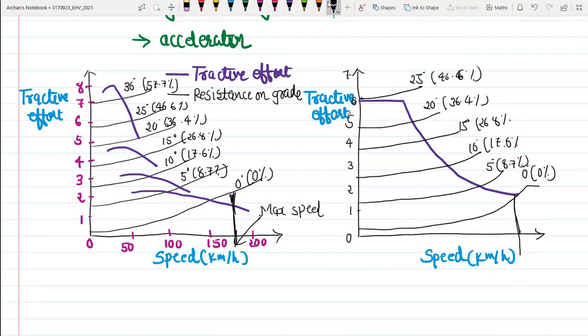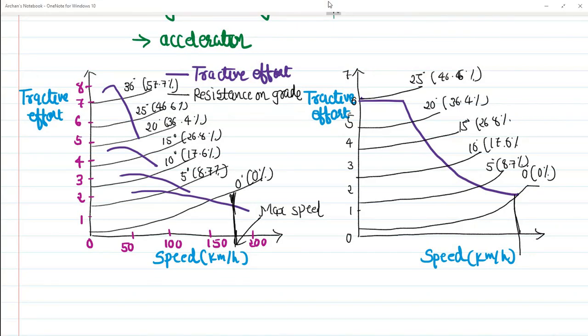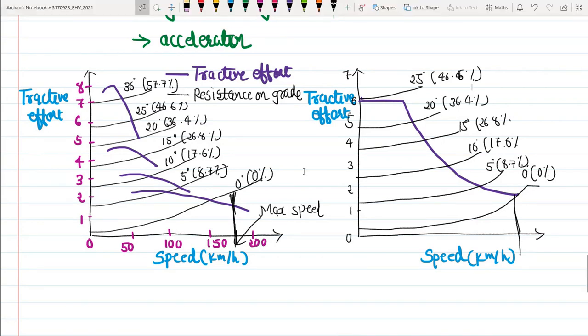So this particular figure shows the vehicle performance analysis for a gasoline engine powered vehicle and an electric powered vehicle.